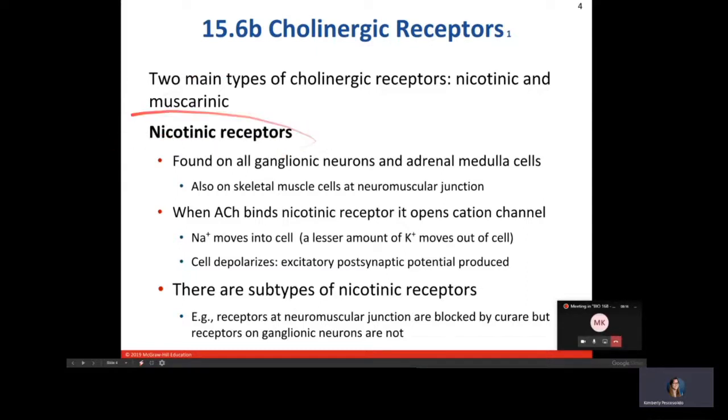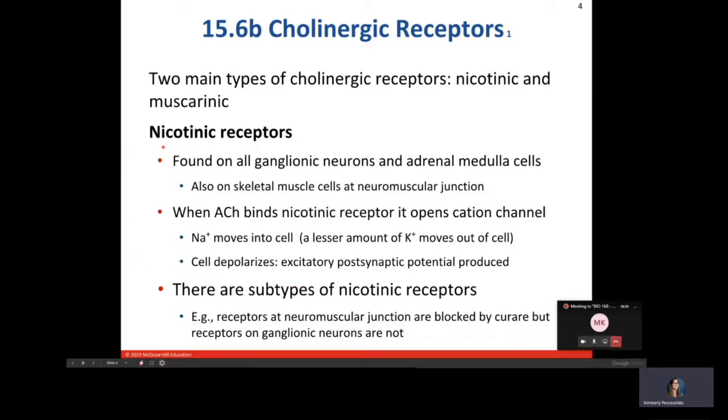The nicotinic receptors are found on the neuromuscular junction. They're slightly different than the ones in the autonomic nervous system, but pretty much the same. There are subtypes, and the ones in the neuromuscular junction are a little bit different, but they're all nicotinic.